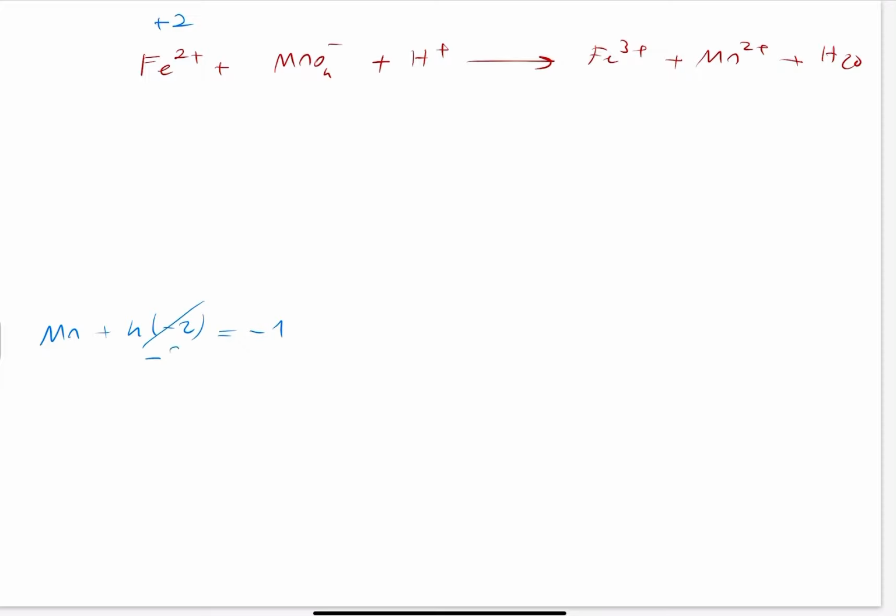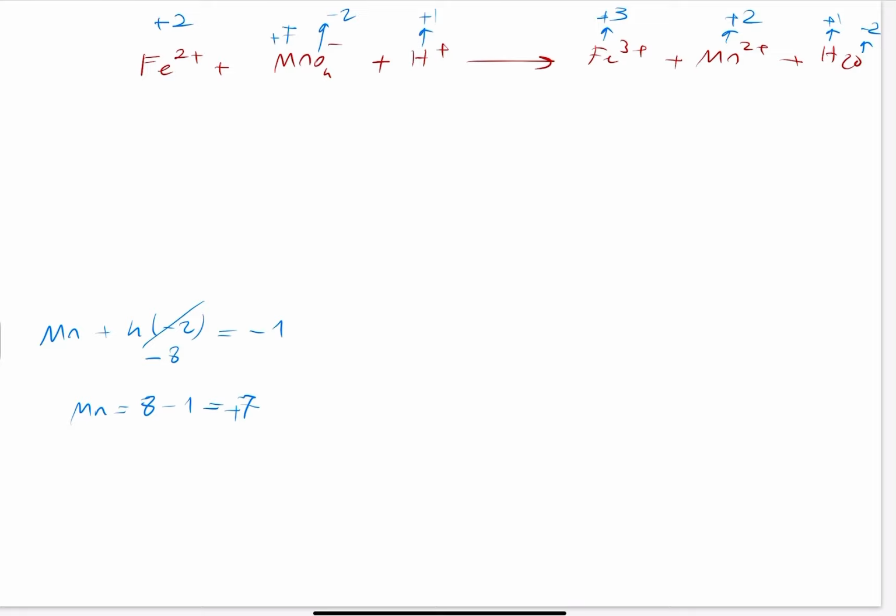It is -8, so Mn will be 8 minus 1, which is 7, positive 7. Oxygen is -2, hydrogen is positive 1, and iron, because it is a free, alone ion, will again be the same as the charge, positive 3. Mn is positive 2, hydrogen positive 1 with a non-metal, and oxygen here is -2.